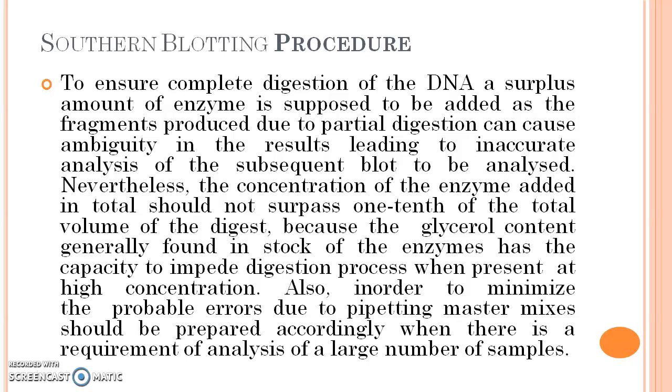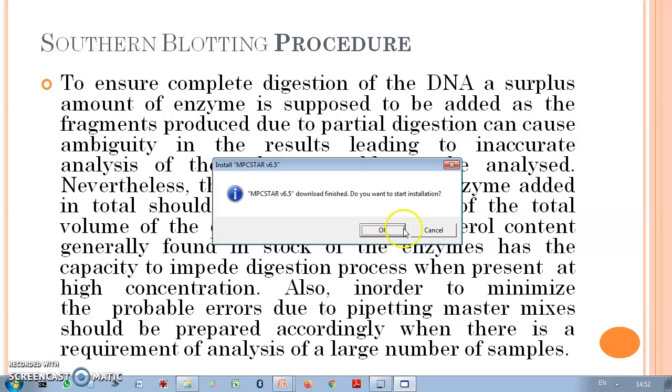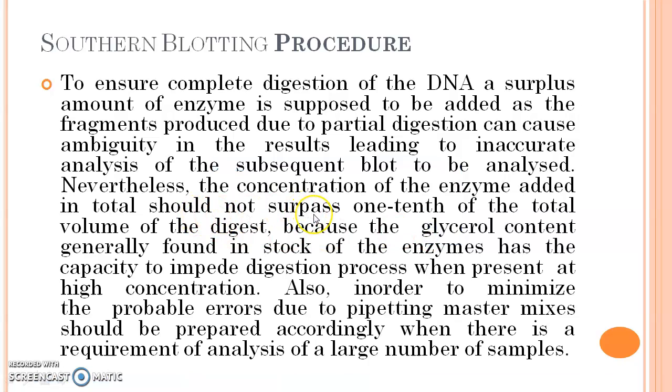Nevertheless, the concentration of the enzyme added in total should not surpass one-tenth of the total volume of the digest, because the glycerol content generally found in stock of the enzymes has the capacity to impede the digestion process when present at high concentration.